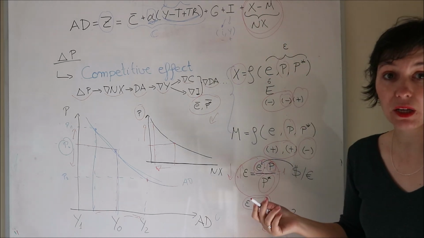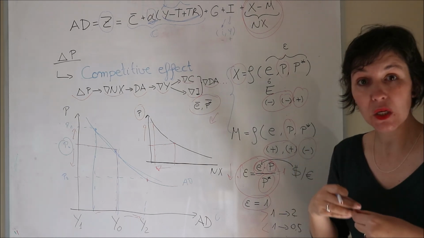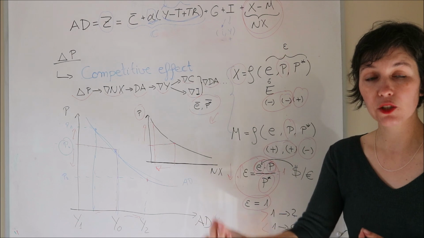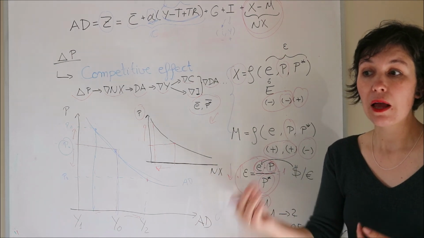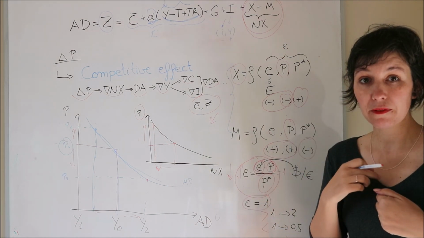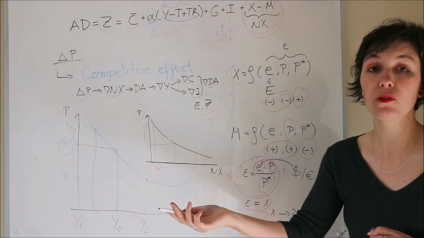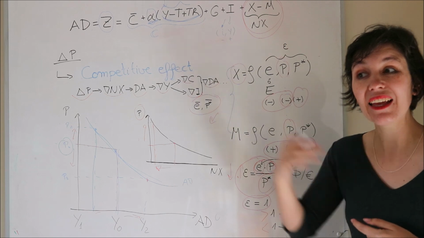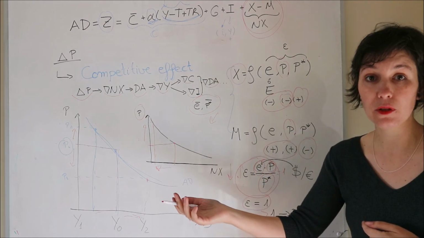And vice versa, okay? Whenever my prices decrease, I'm going to be more competitive, so my net exports are going to be higher, because being more competitive means that the other economies are less competitive. So I'm going to sell more and buy less from abroad.